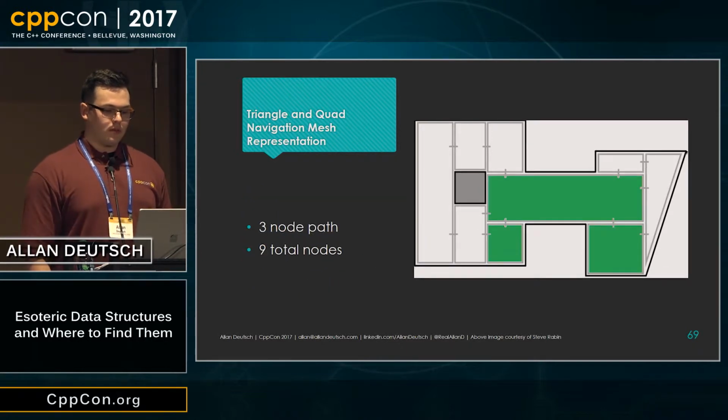So in our search example here, we only have to cross 3 nodes to get from start to finish. That's a huge improvement from our start, as well as the 9 total nodes. So for this particular example, it was 1 order of magnitude better for the search from the original grid representation, and 2 orders of magnitude better for the total search space representation. So that's a big improvement.